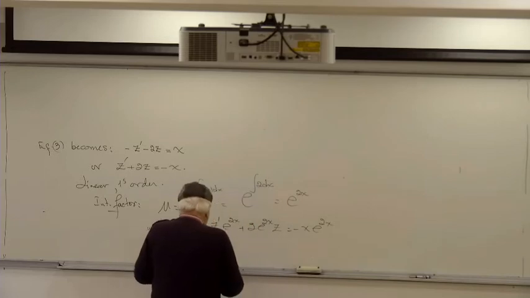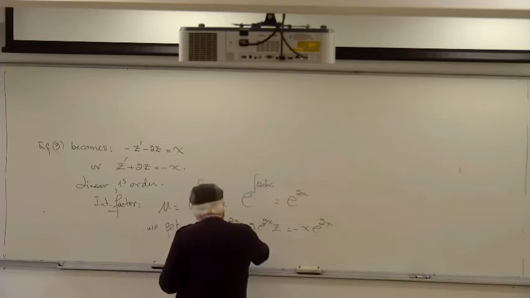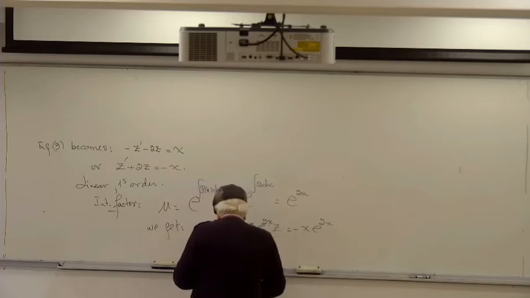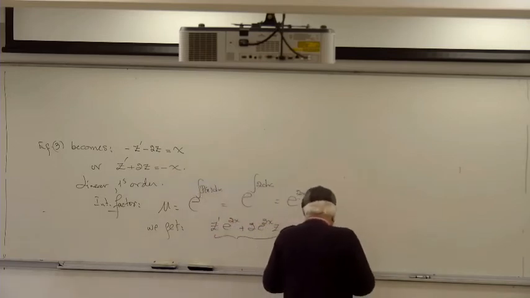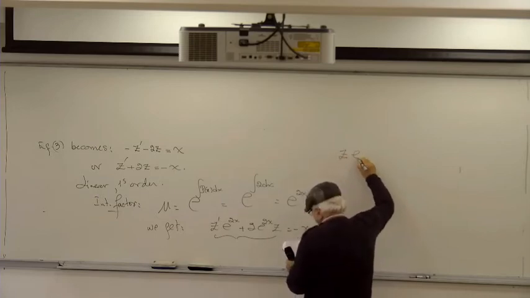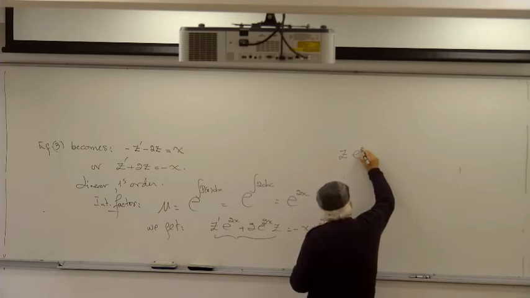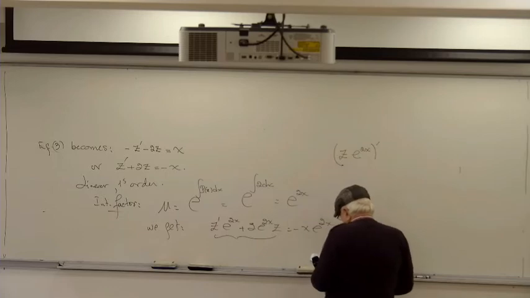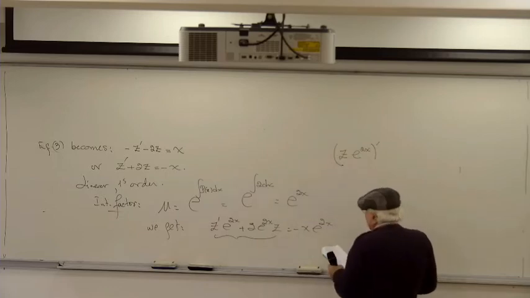Now, notice that the left-hand side of this equation is nothing but (z e to the 2x) prime, okay?